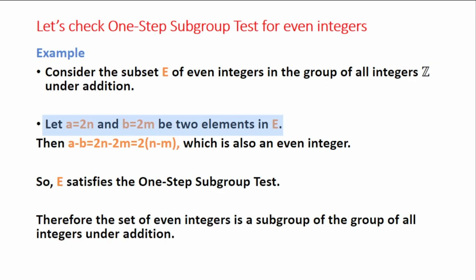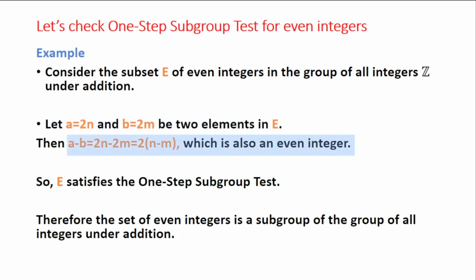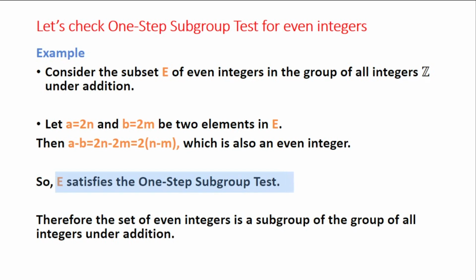Let a = 2n and b = 2m be two elements in E. Then a - b = 2n - 2m, which is again 2(n - m), which is also an even integer. So E satisfies the one-step subgroup test. Therefore, the set of even integers is a subgroup of the group of all integers under addition.